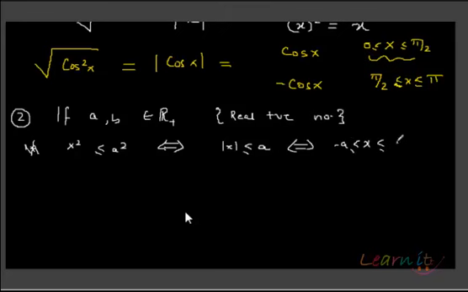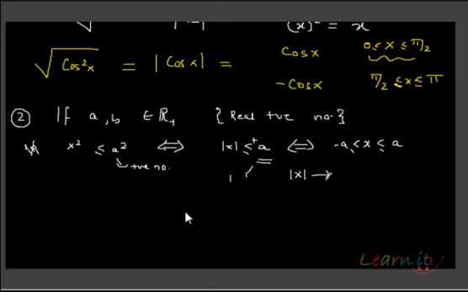So mod x less than or equal to a is equivalent to saying that x lies between minus a and a. I did not keep a modulus on a simply because we are given that a is a positive number, so there is no question of considering what happens when a is less than 0.